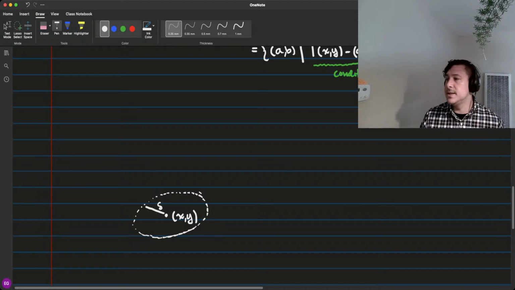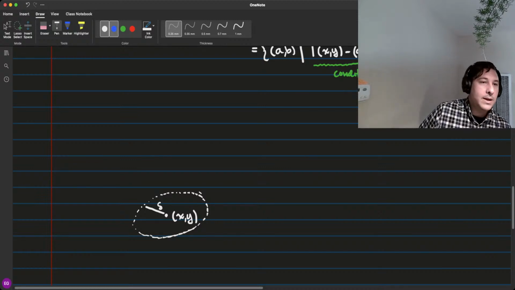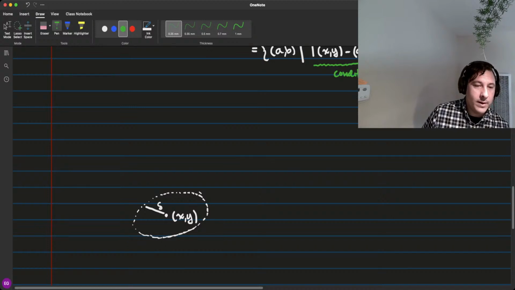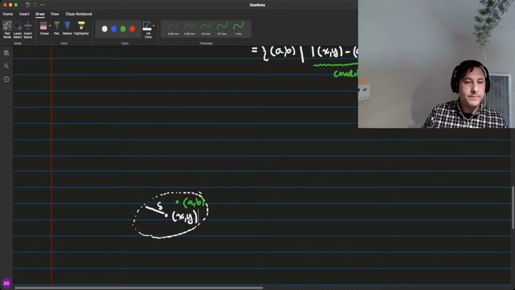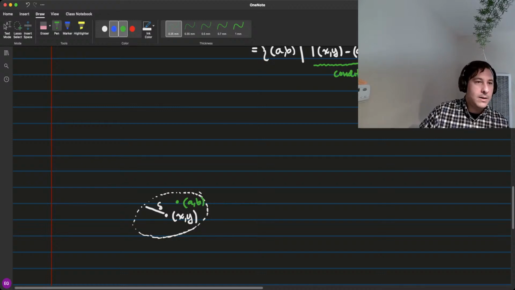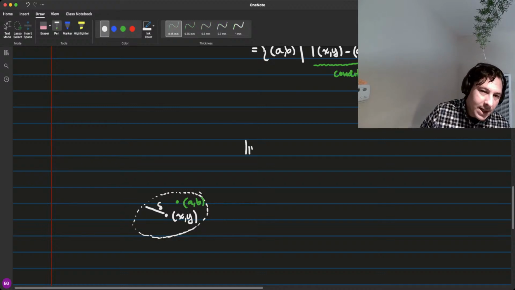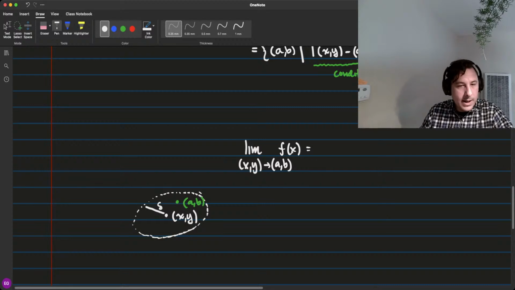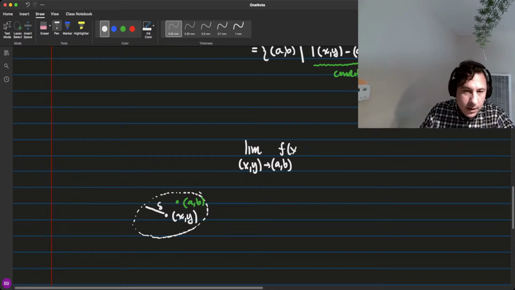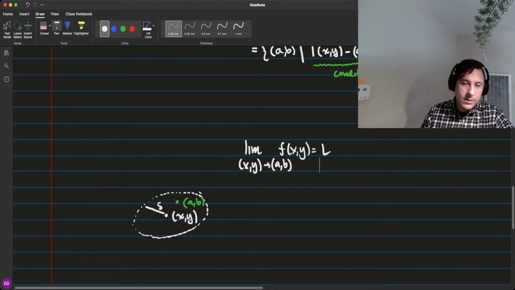So here's my delta disk. Now let's say you have a point that's close to x comma y. In other words, that point is in the delta disk. Let's call that a comma b. Now, what does it mean for the limit as x comma y approaches a comma b of f of xy to be equal to L?